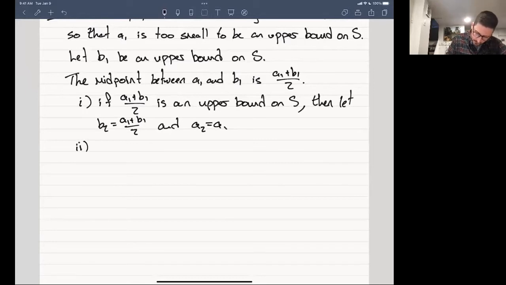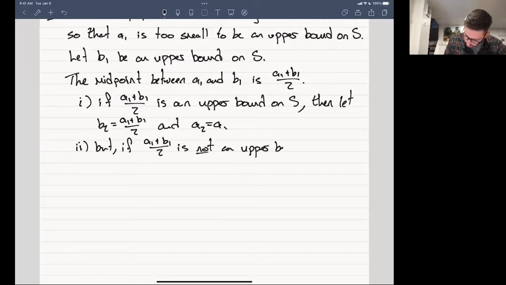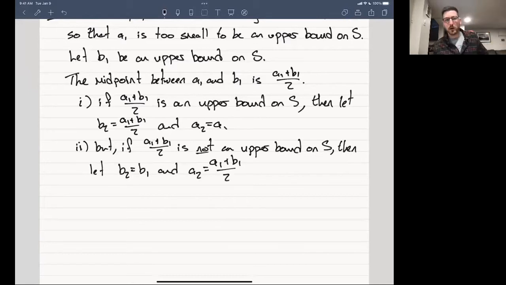In the other case, if (A1 plus B1) over 2 is not an upper bound on S, then let B2 equal B1 and let A2 equal the new point, the midpoint.